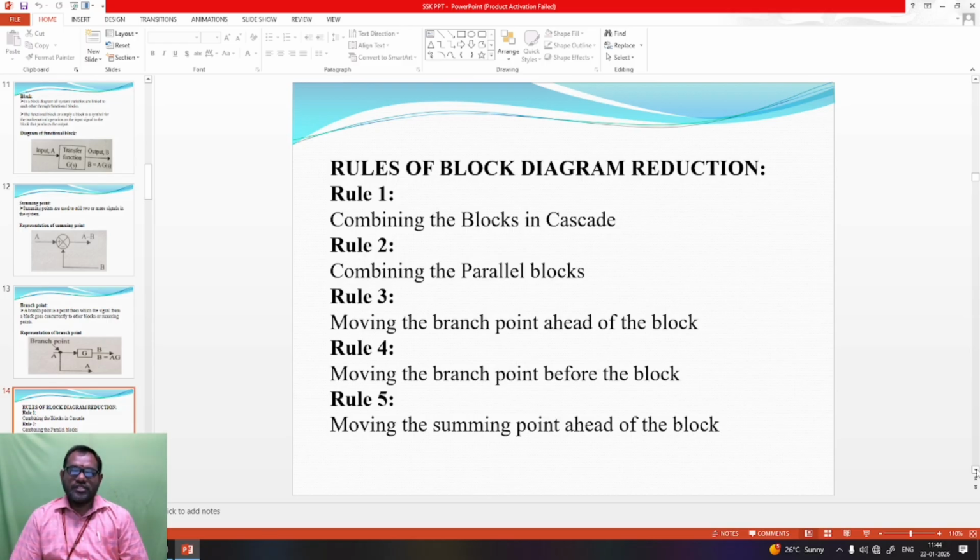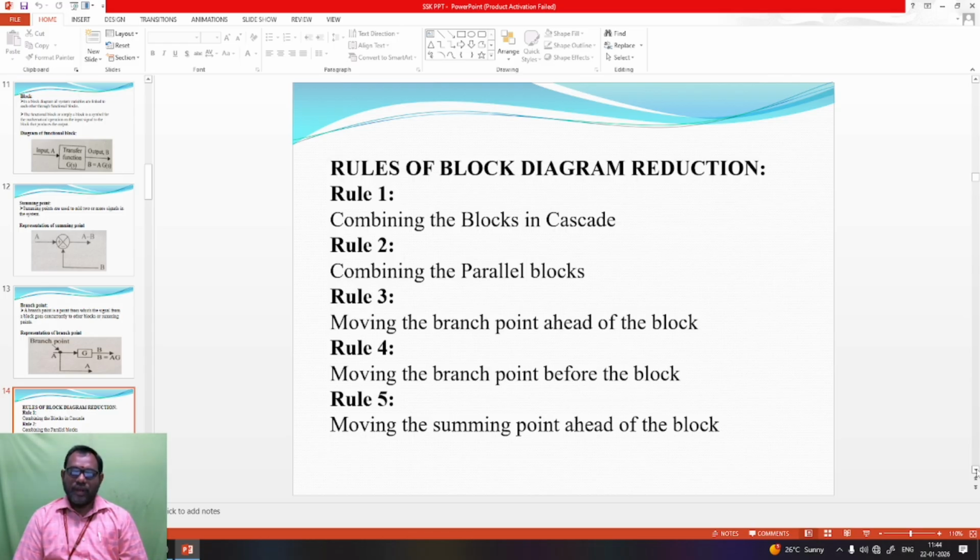The second rule is combining the parallel blocks. Instead of series or cascade, rule number 2 represents combining parallel blocks, meaning G1 and G2, these two blocks, are combined in parallel. The next rule, rule 3, is for moving the branching point, the third element of the block diagram.